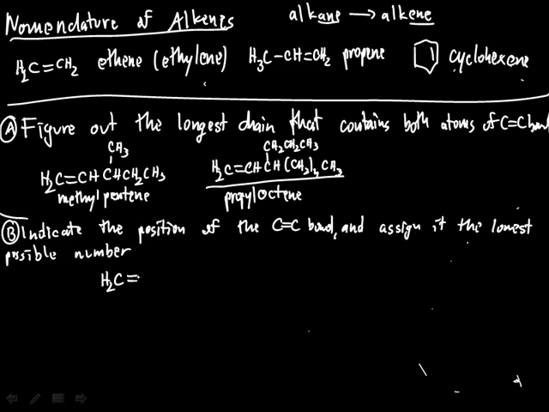So this will be 1, 2, 3, 4. So this will be 1-butene, not 3-butene, and also not 2-butene, because we started the first atom with the double bond and we assigned it the lowest possible number. And we also start numbering the chain from the side which is closer to the double bond. This molecule would be an isomer, and it will be 2-butene.